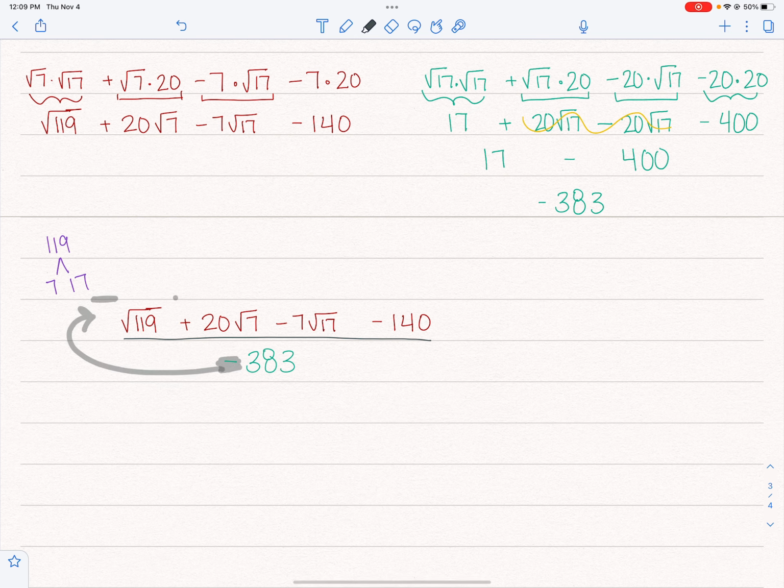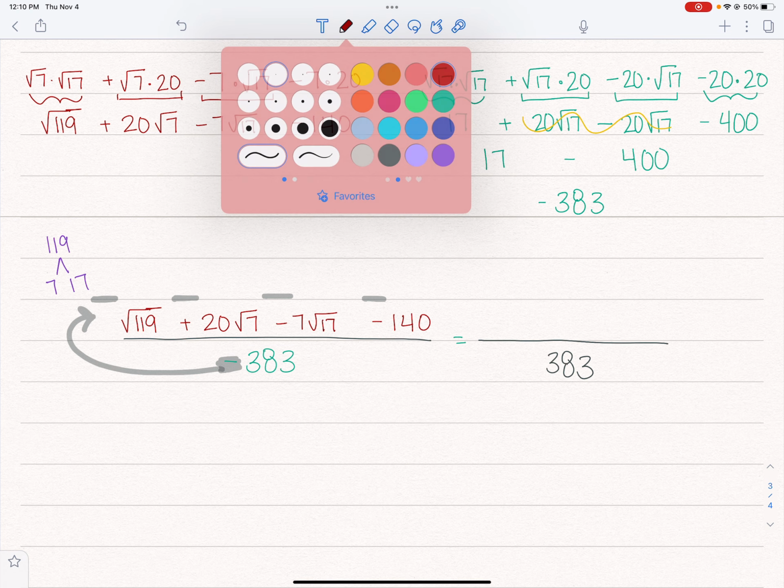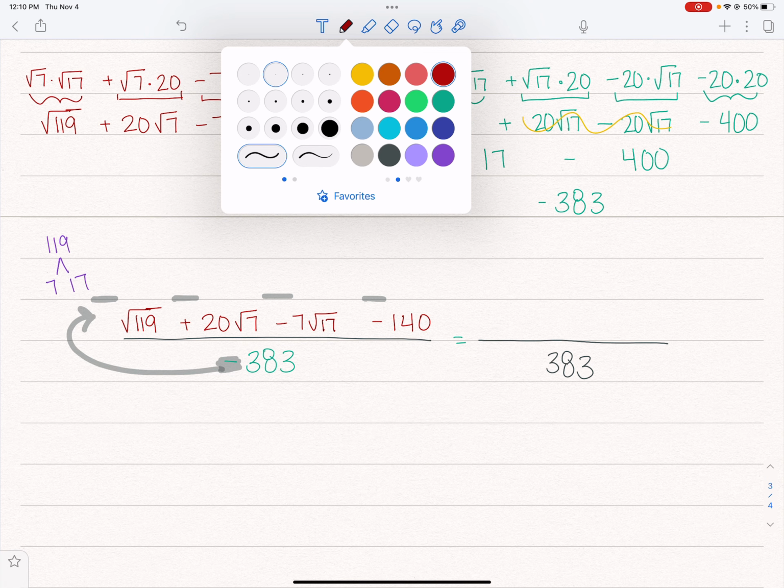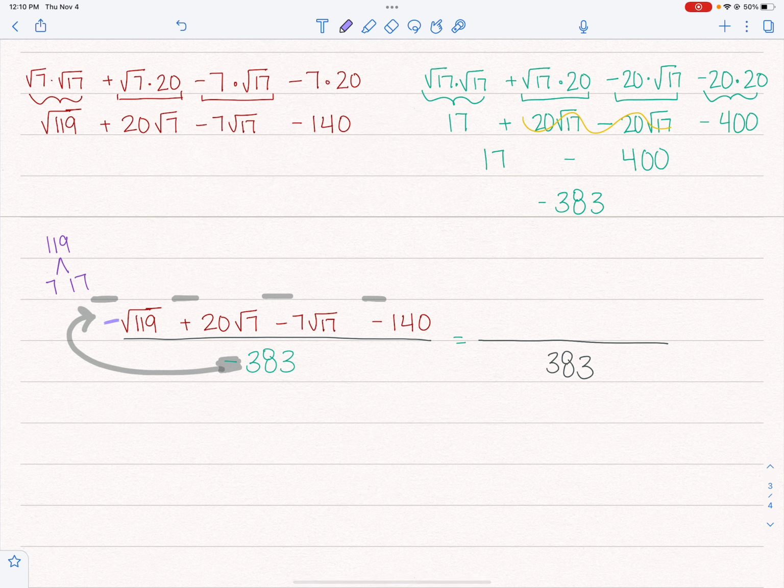Well, that just means I'm going to distribute a negative to everything, so I'm going to change the sign of the whole numerator. So I'll have 383 on the bottom, except I'm going to go through and change the signs. And so that's going to be negative 119, negative 20 square root 7, positive 7 square root 17, and positive 140.